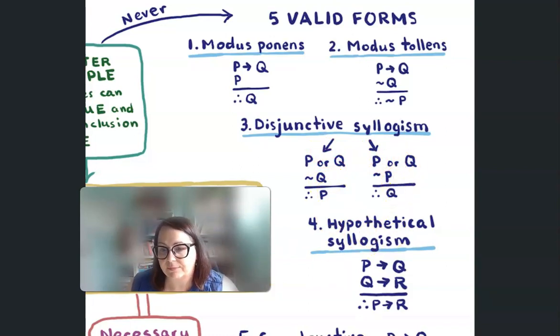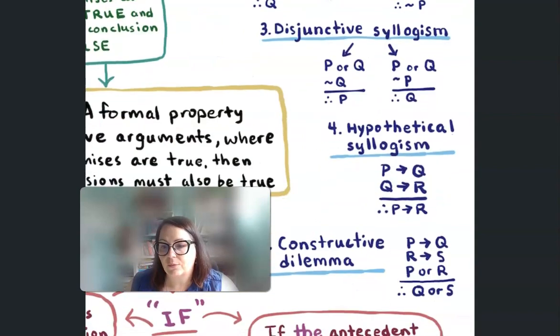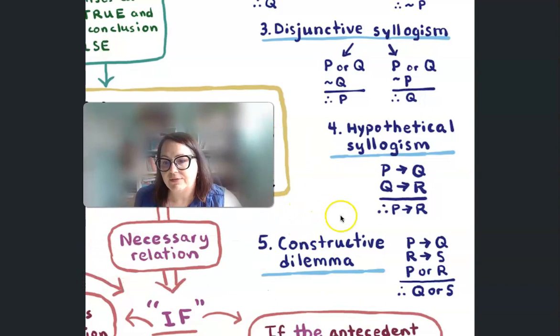That's validity. Now, when we get into the hypothetical syllogism, I think of this as a little bit of an if-then domino structure. So if I have two premises, the first one being if P then Q, I have another premise, if Q then R, right? In a certain sense, I can kind of match these up, and this becomes transitive.